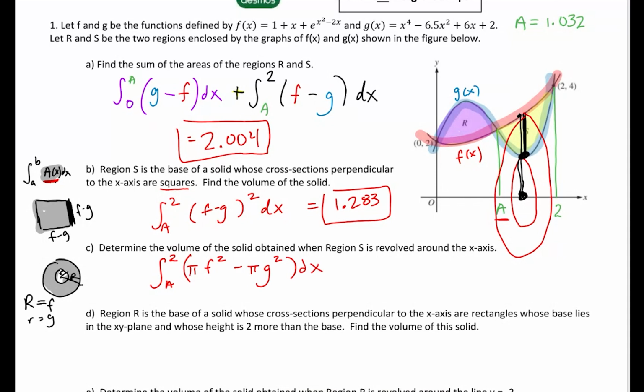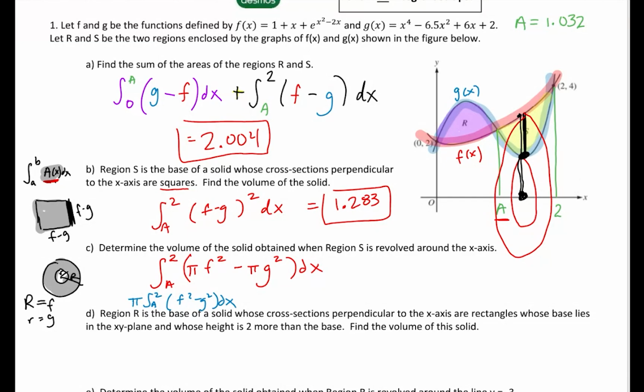Now, if this is a multiple choice question, then you're most likely going to see that pi factored out. You don't necessarily need to write it that way, especially on a free response question, but be ready to see it written like this on multiple choice.